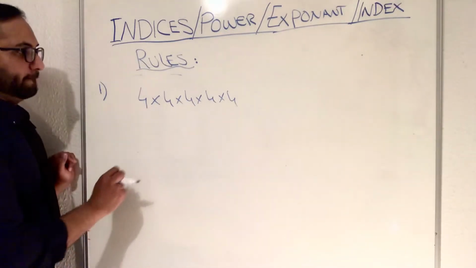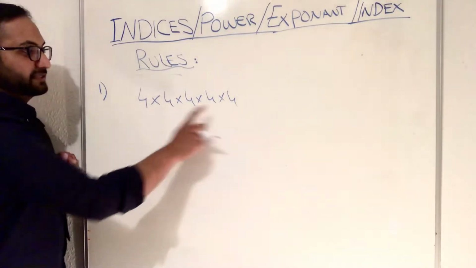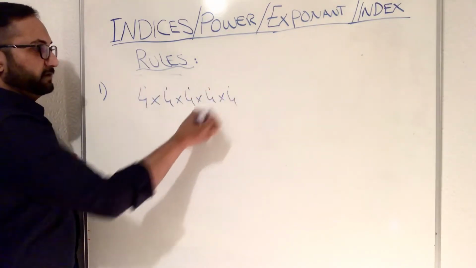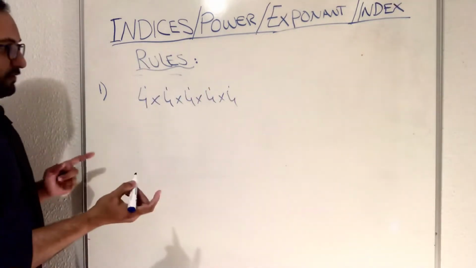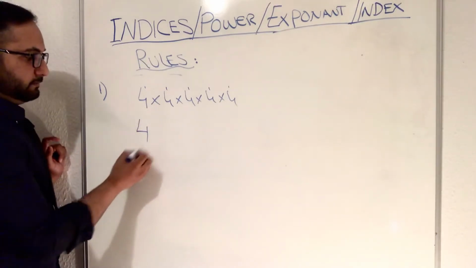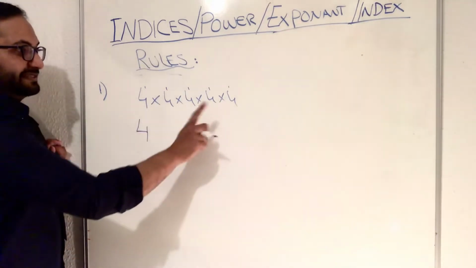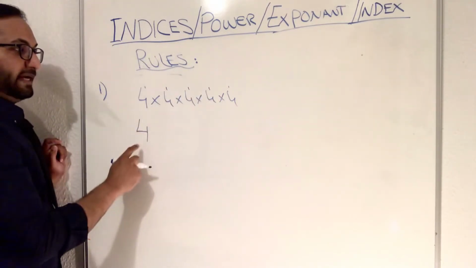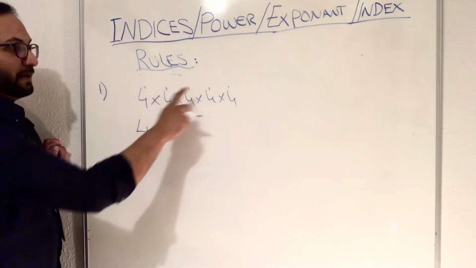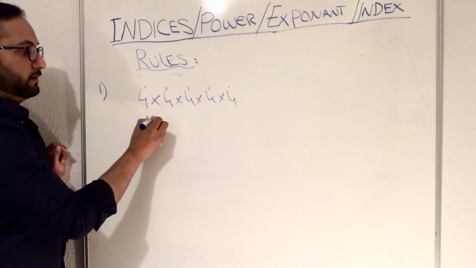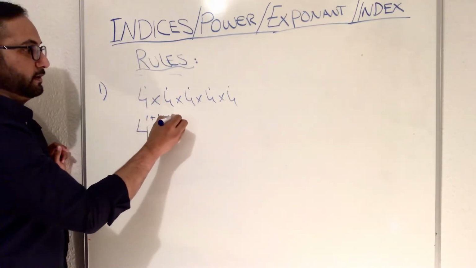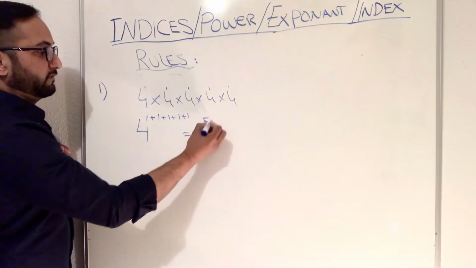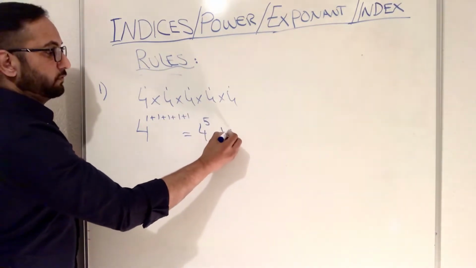Now you can see that they all have the same base and they all have power 1. Since the base is the same and they're all multiplying, the powers will be added. So 1 add 1 add 1 add 1 add 1. The answer will be 4 power 5. This is in index form.